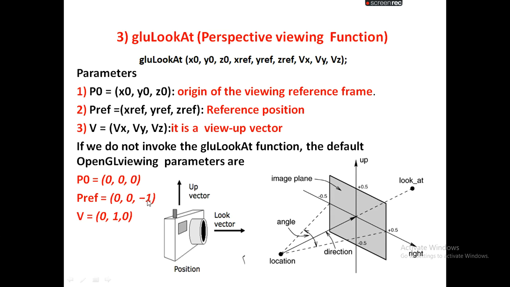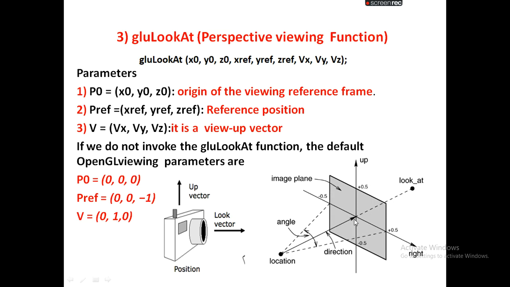So this -1 is nothing but the z far value or d value. This is our P reference point, and its coordinate position is 0, 0, -1, and our camera is located at the center of this plane, that is x is 0, y is 0, z is 0.